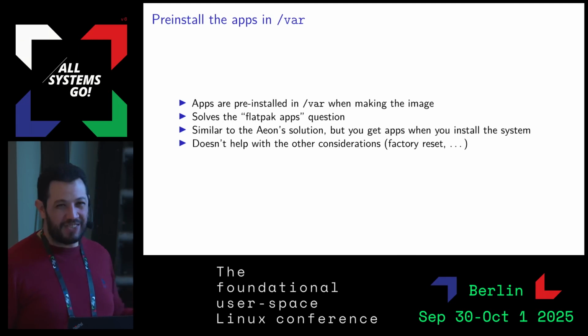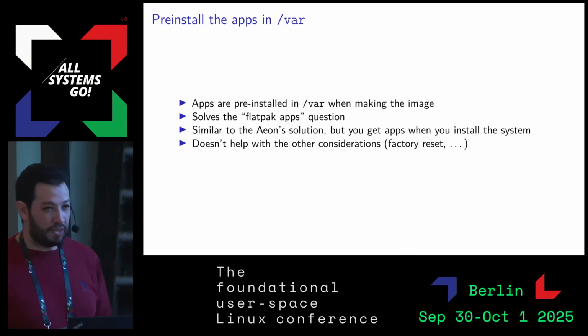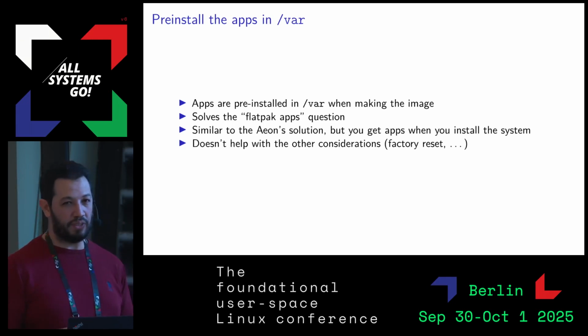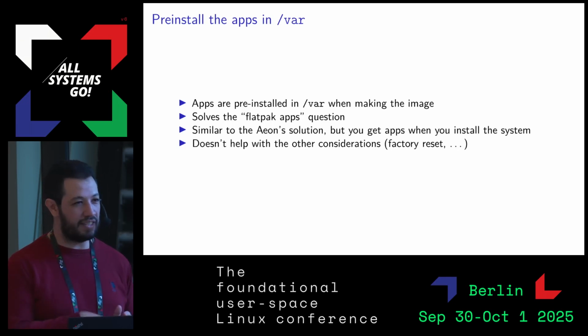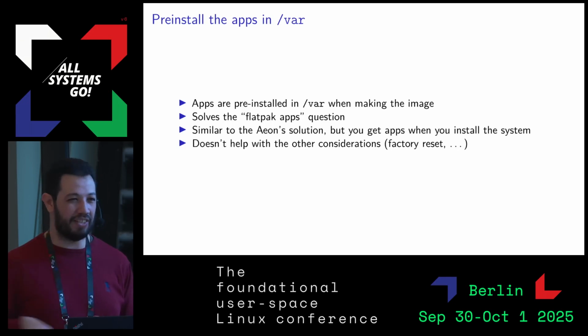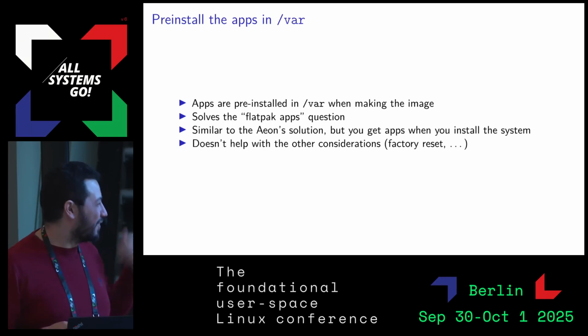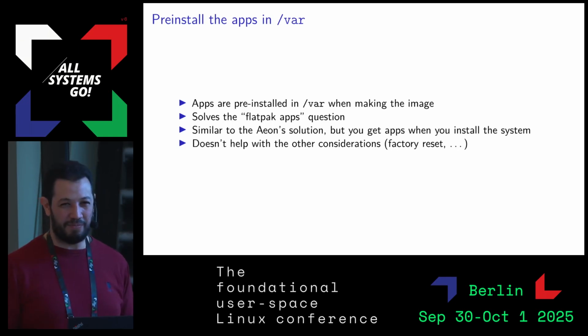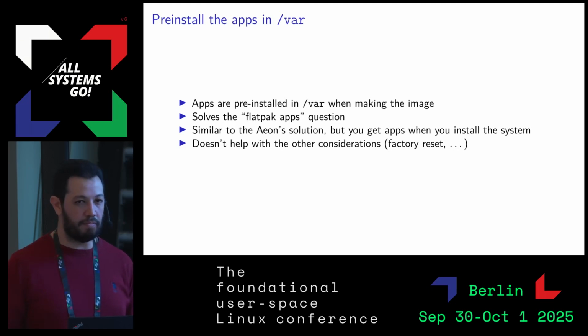But it doesn't really help with the other considerations that we have. So if we want factory reset, as in removing everything in var and etc., where are you going to get these apps from? So you can't go back to the system list of default apps.